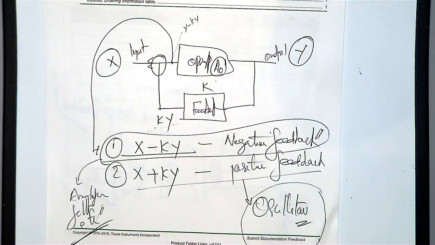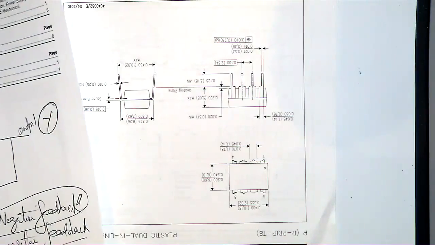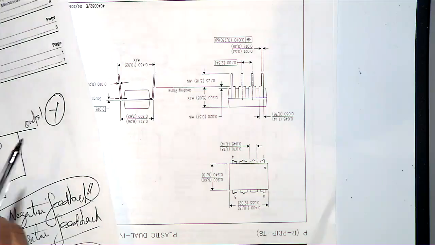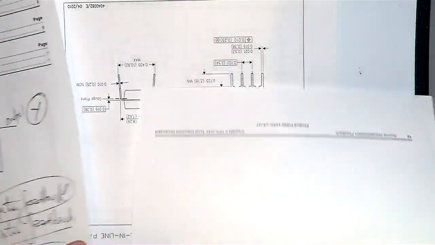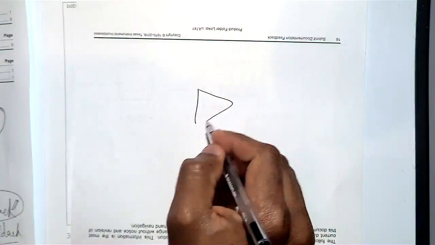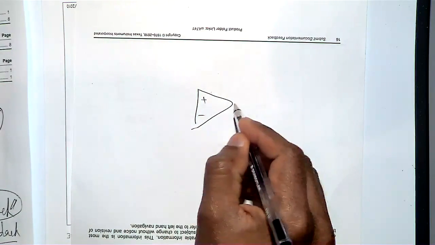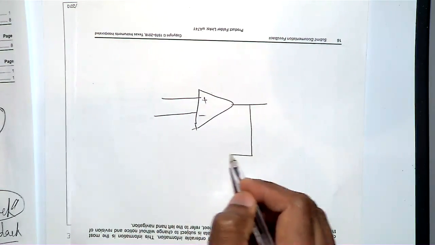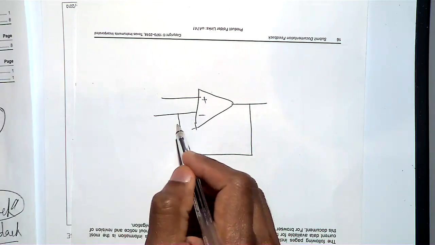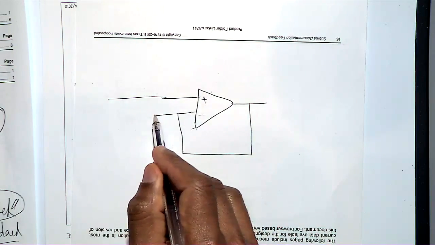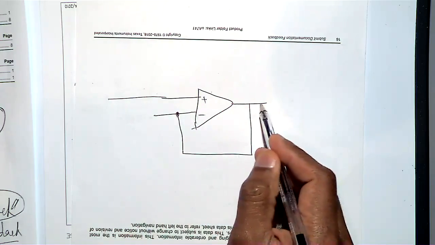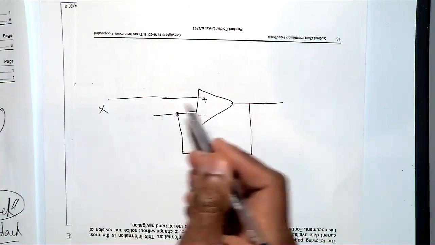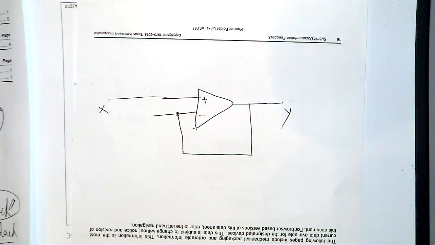Now I am going to ask you a question. I am going to draw an operational amplifier. So this one I am connecting here. Is this open loop or closed loop?